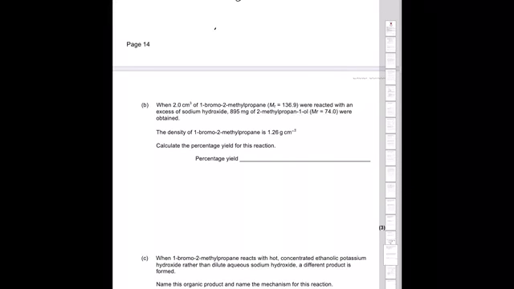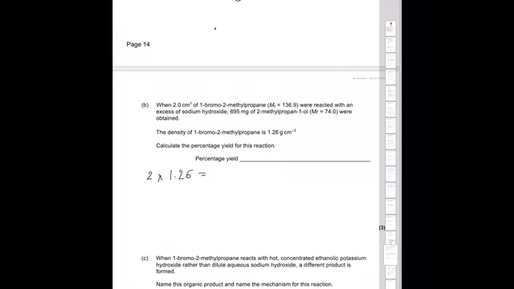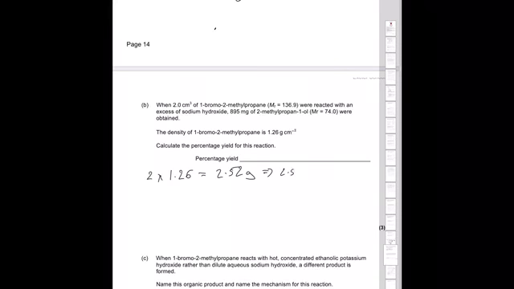So next one is a calculation here, and what we're looking for is the percentage yield. So first step here is to work out, we've got 2 centimetres cubed, so we're going to work out the mass of the 1-bromo-3-methylpropane, and that allows us to work out the number of moles.